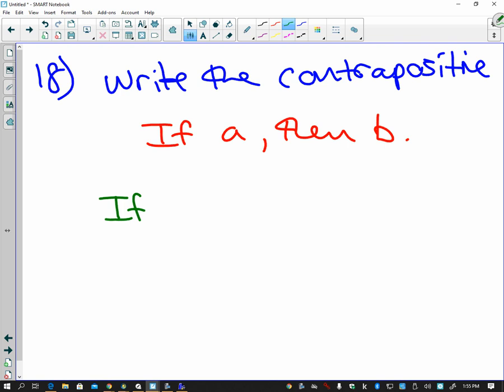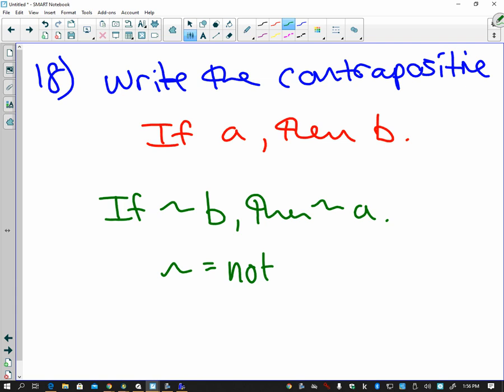No. If not B, then not A, where this is equal to the word not.